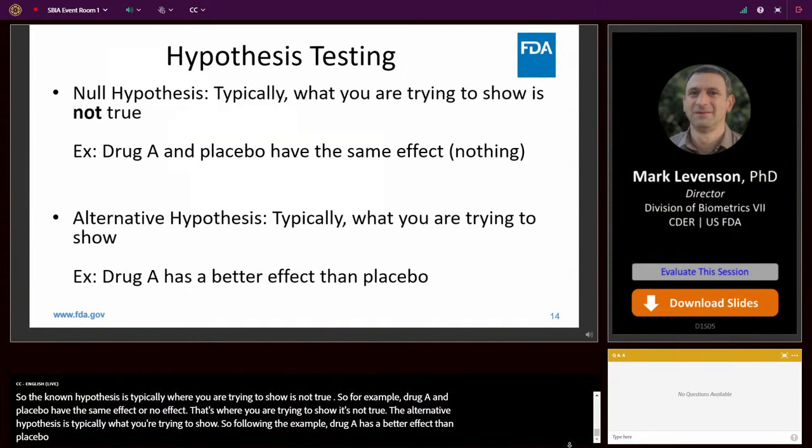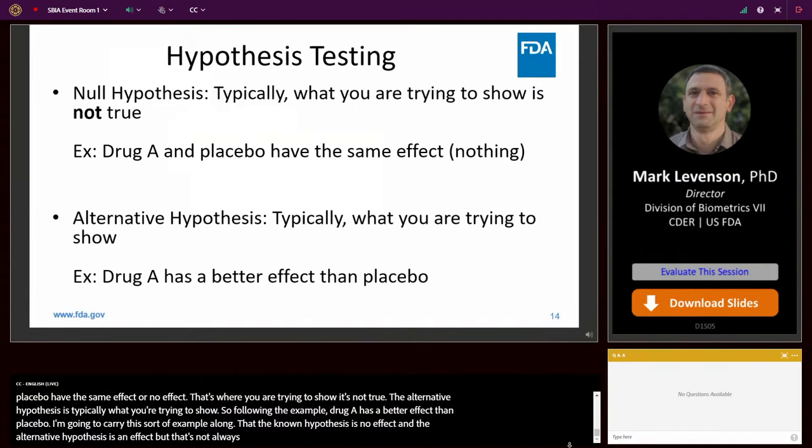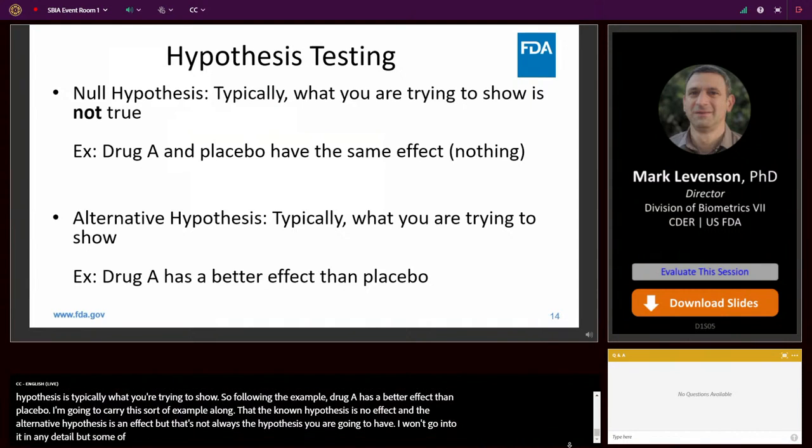I'm going to carry this example along, that the null hypothesis is no effect and the alternative hypothesis is an effect. But that's not always the hypotheses you're going to have. I won't go into it in any detail, but some of you may have heard of non-inferiority trials where you're trying to show that the two drugs are the same, or at least non-inferior to each other.